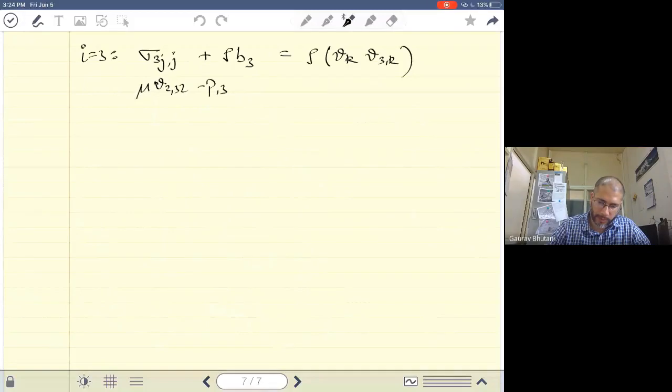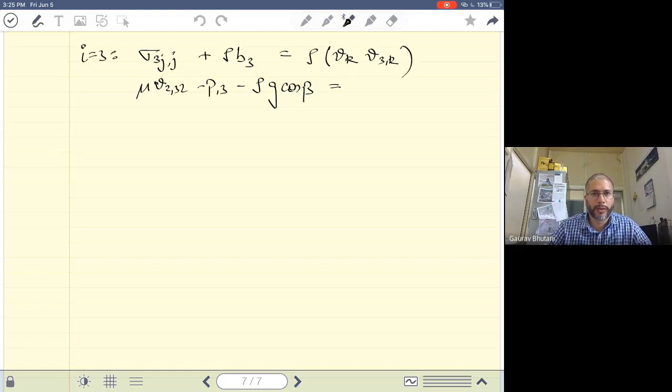And then b3 is nothing but g cos beta. And the right hand side again is 0 because v1 and v3 are 0. First and third terms are 0, and the second term is v2 times v3 comma 2, and v3 is also 0, so v3 comma 2 is 0 as well.